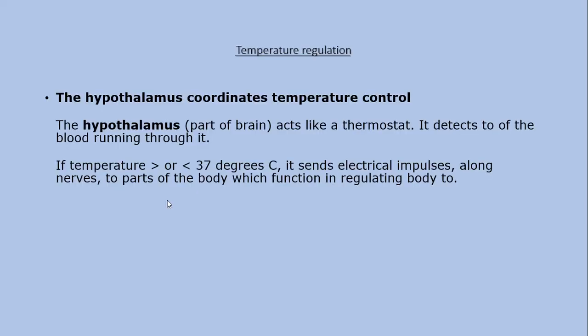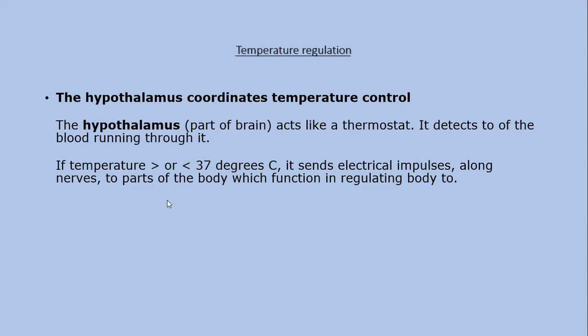Okay, before talking about how your skin regulates temperature or helps in regulating the temperature, we should talk about the hypothalamus first. Hypothalamus is a gland that is found in the brain. It acts like a thermostat. It detects the changes in the temperature of the blood.